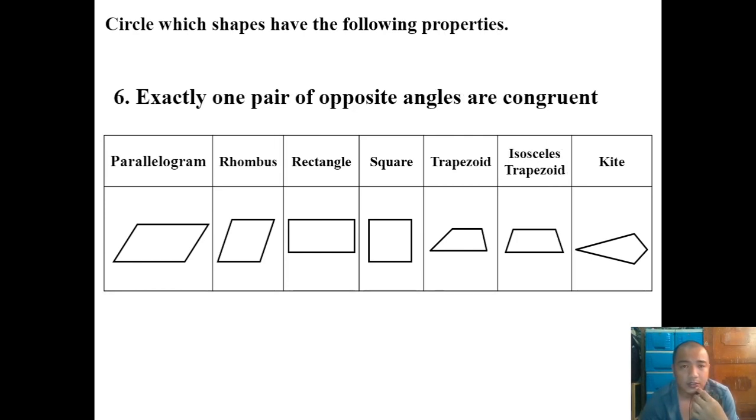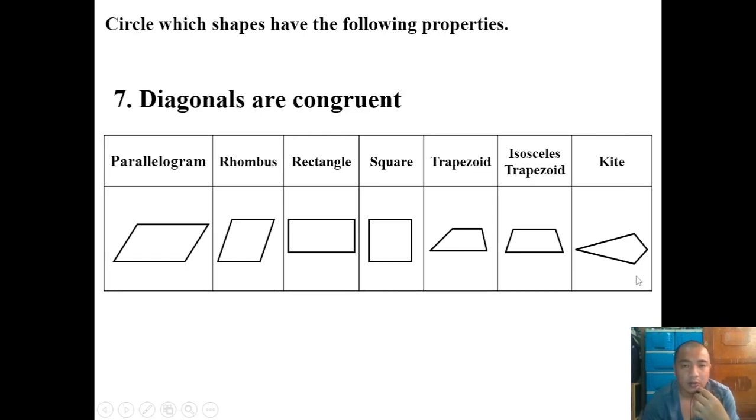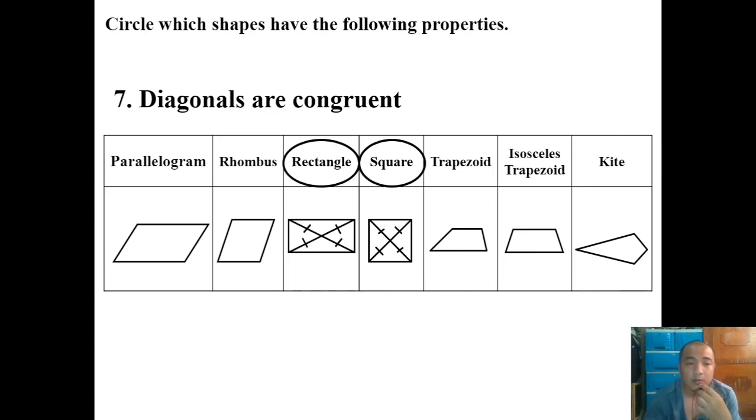Exactly one pair of opposite angles are congruent. Opposite angles are congruent. There is only one, the kite. Diagonals are congruent. Rectangle, square. But for the parallelogram and rhombus, the diagonals are not congruent. Also with the isosceles trapezoid.